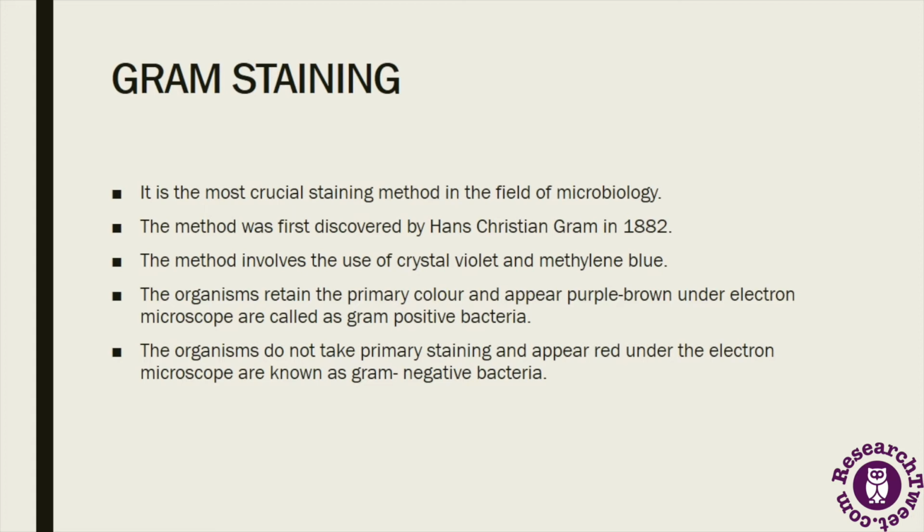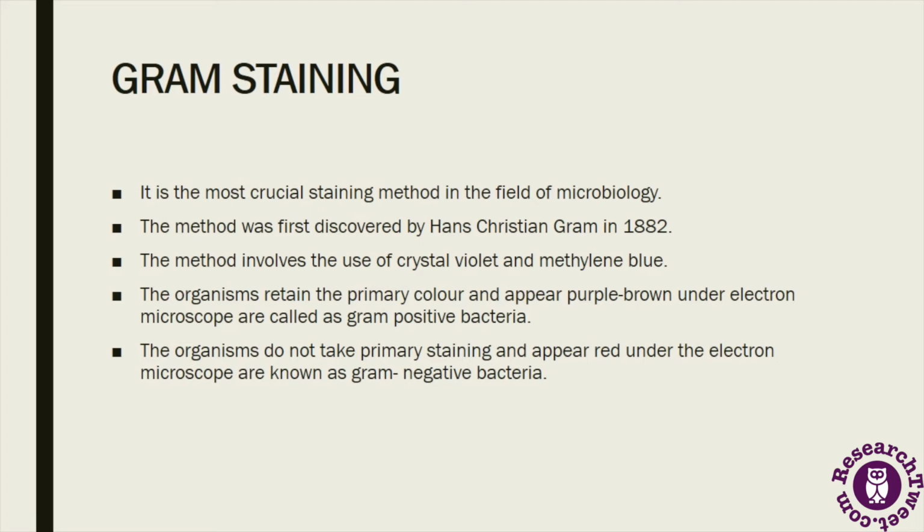The organisms which retain the primary color and appear purple under the microscope are called gram-positive bacteria, which means gram-positive bacteria retain the crystal violet color and it is not washed out by the alcohol.